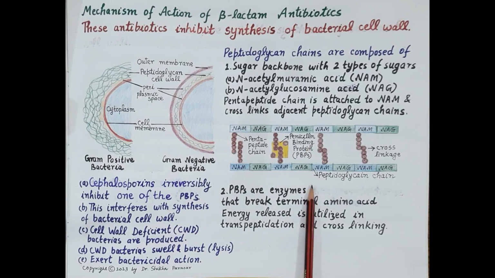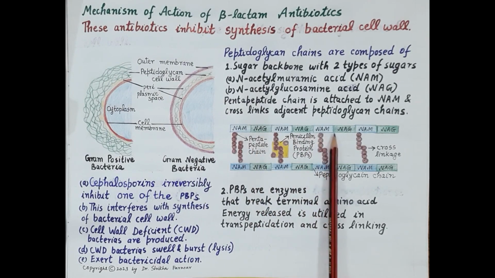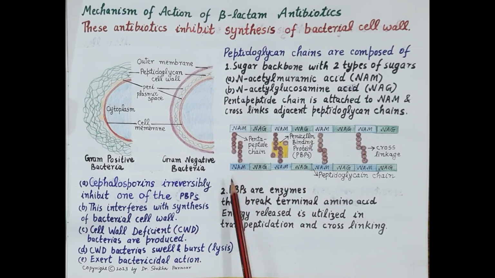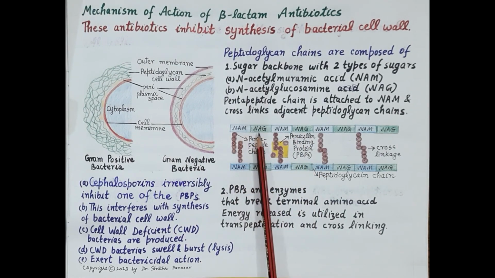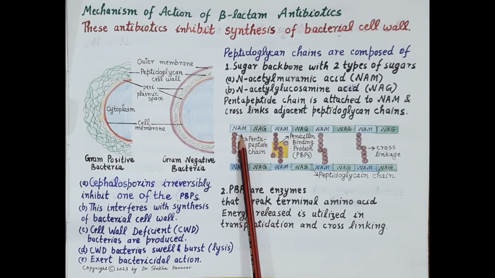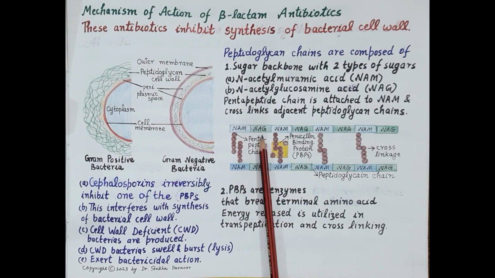Now, look at this figure. This is a peptidoglycan layer or chain, and this is another peptidoglycan layer. These peptidoglycan layers are made up of two types of sugars, N-acetylmuramic acid, in short NAM, and N-acetylglucosamine, in short NAG.